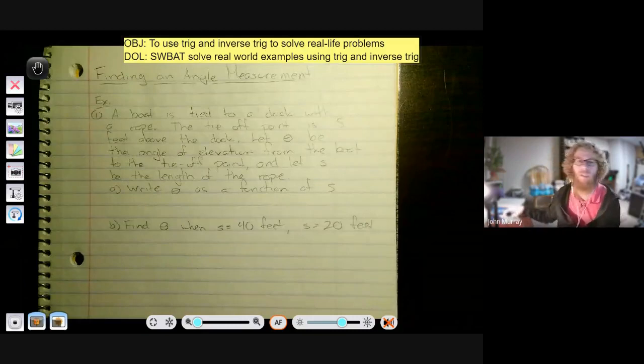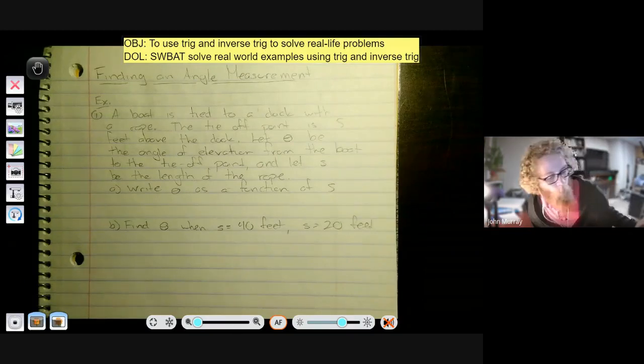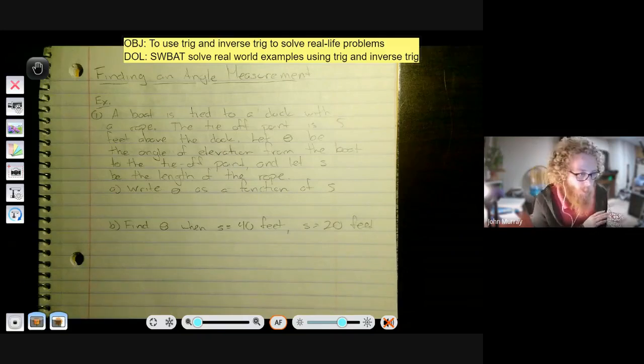I'll give you a second if you want to copy this down. That's a lot there. So just a word of advice. With these, I highly recommend you draw a diagram. Okay, this is an art class. I'm not asking for masterpieces.